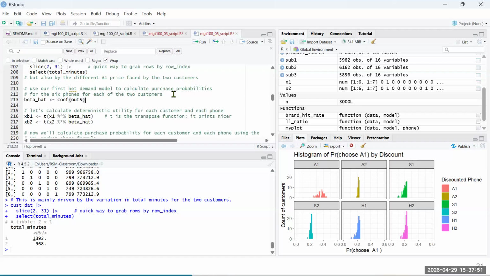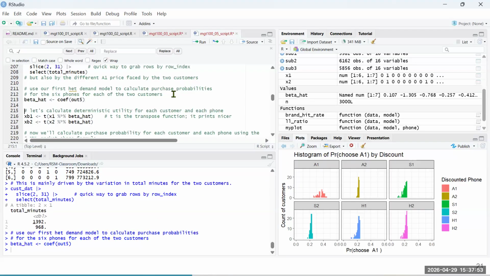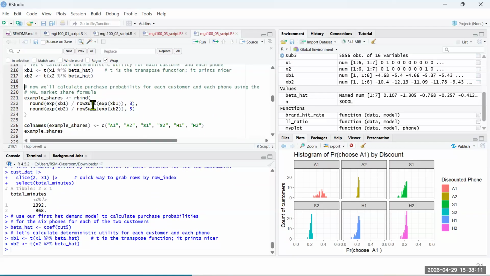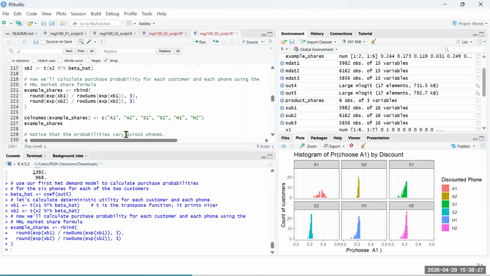And so if we take the coefficients out of L5, which is our heterogeneous model that we estimated, and then we calculate the X beta hat for each of these 2 customers, and then we apply our multinomial logit choice probability formula, which is exponentiating that X beta hat and then dividing by the sum of the exponentiated X beta hats in the market.